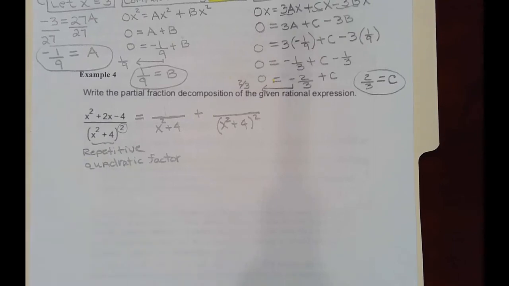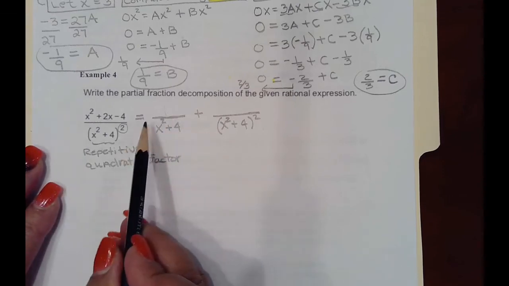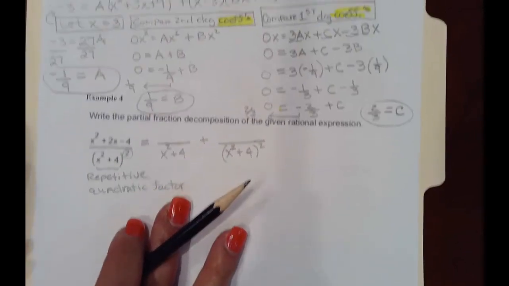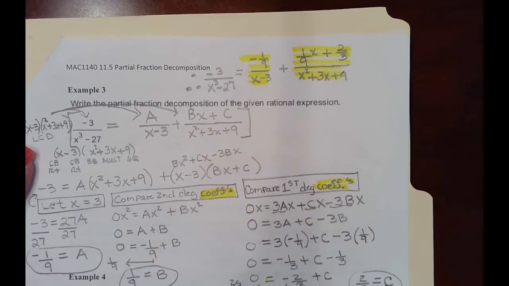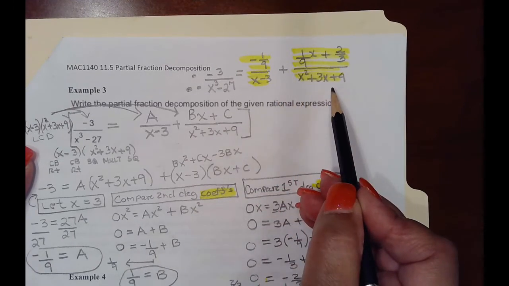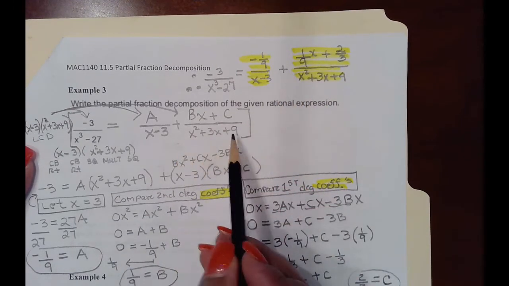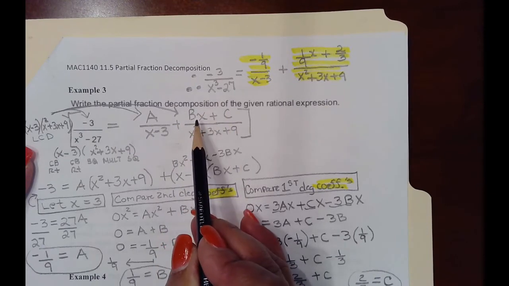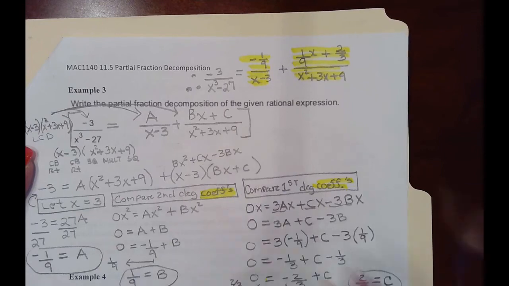And now I have to remember, hey, what kind of numerators do I assign to denominators of this nature whenever it is second degree, just like in this problem. When that denominator is second degree, you will assign it a linear expression, meaning it'll have an x to the first degree term and a constant.